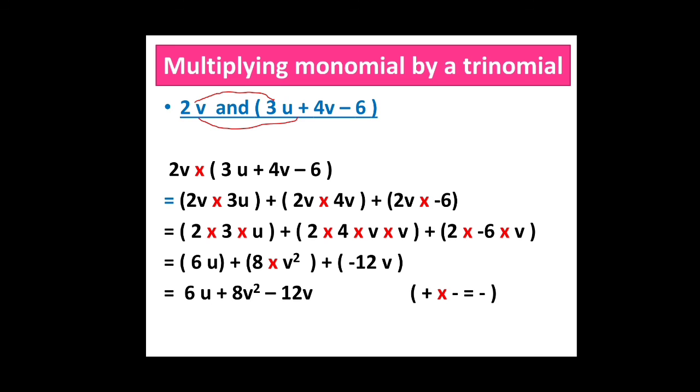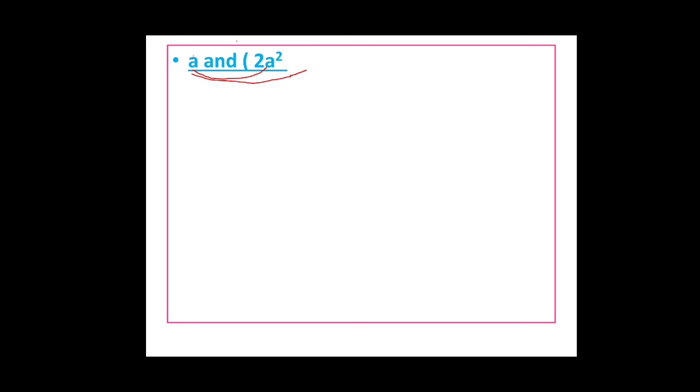Now let us see one more example. Here also we are multiplying a monomial by a trinomial. So what we have to do now? Start multiplying the term a into 2a square minus 7a plus 3. So always the first term must multiply all the three terms.